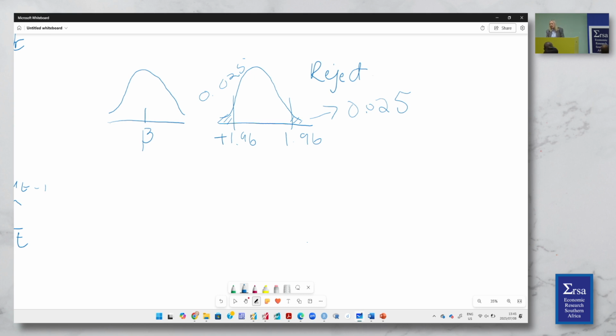We're then looking at something around 11.